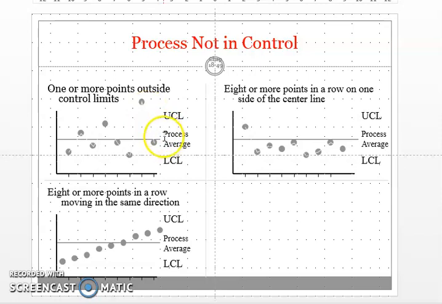Then next we will see 8 points in a row in the same direction, either in the upward direction or in the downward direction. Then we can say that this type of chart is called an indication of trend.